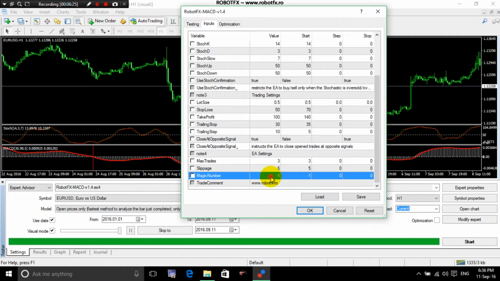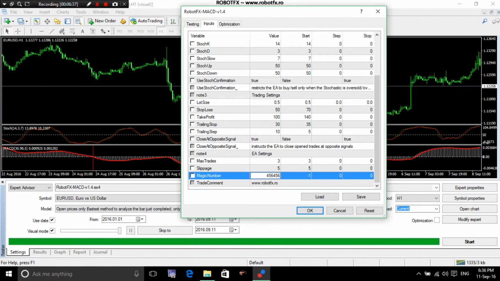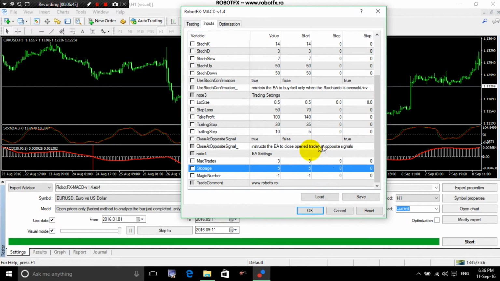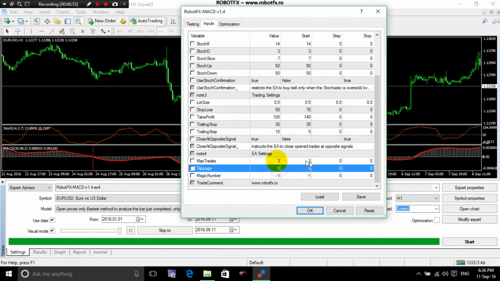And there's also, by the way, the magic number. If you choose, you can choose not to have a magic number and leave this to -1. Otherwise, you can set it to any number you want as long as it is numeric. -1 basically means no magic number, and it also means that the expert advisor will count trades opened by the trader manually, together with the trades opened by itself.